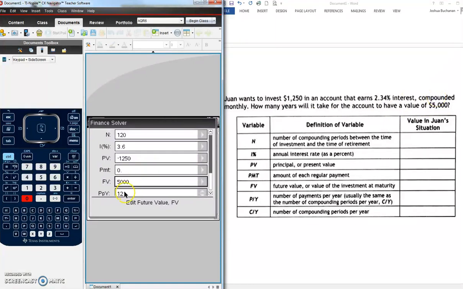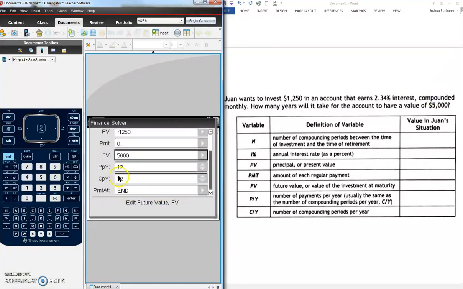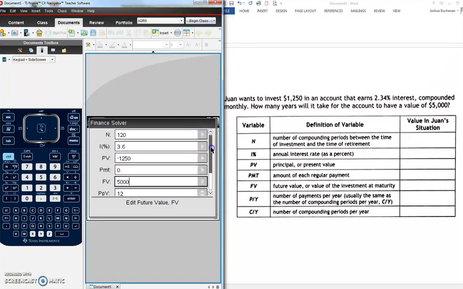The compound period is monthly, so the compound periods and payments per year, that should be a 12. The interest, however, needs to be changed to 2.34, and we do not know what N is. Since you do not know what N is, you need to solve for N. Make sure your calculator looks like mine. And then press enter to solve for N.